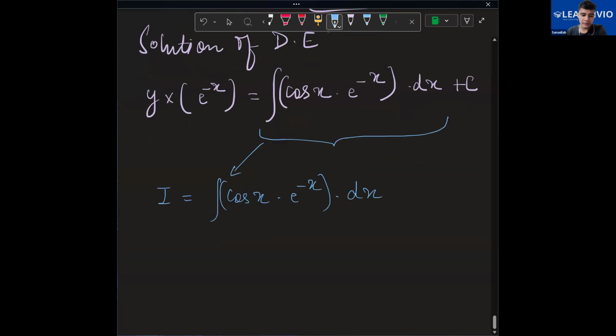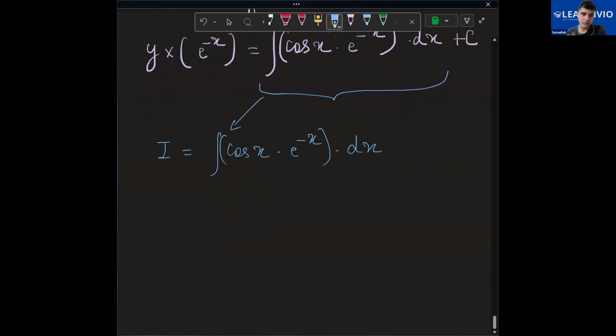So tell me which type of method will be used in this integration. Which method do we have to use for solving this type of integral?